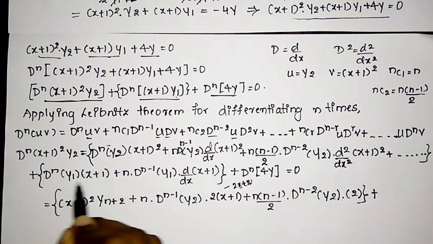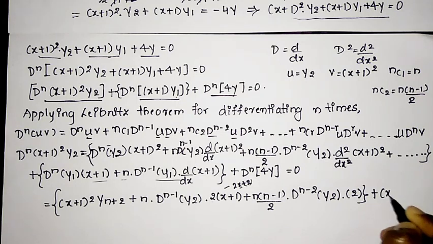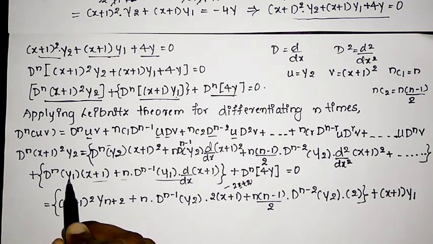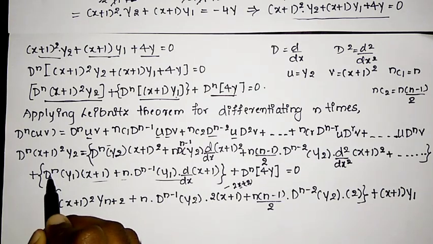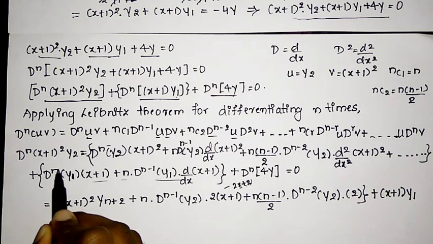Plus. Now we need to solve this. So it is x plus 1 into y1. You can observe that here it is d raised to n and here we have y1, so for the nth derivative you can write it as d raised to n plus 1.